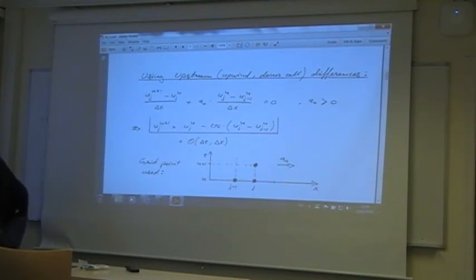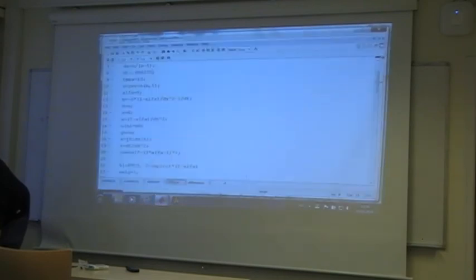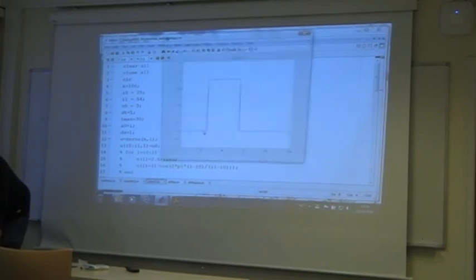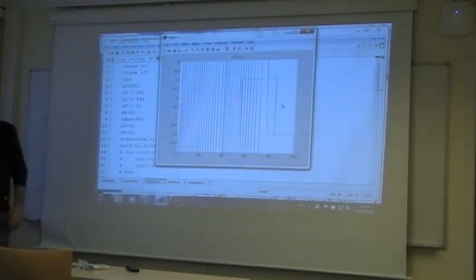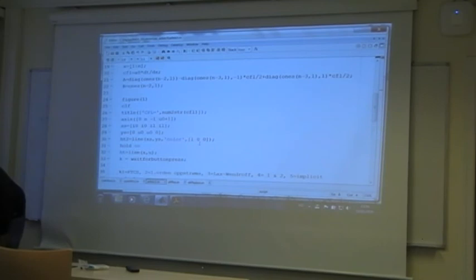Let's see if that is the case. Go back to the advection equation here. This one was the problem we had here, and it blew up with the central space scheme. So now I changed the scheme to something else.